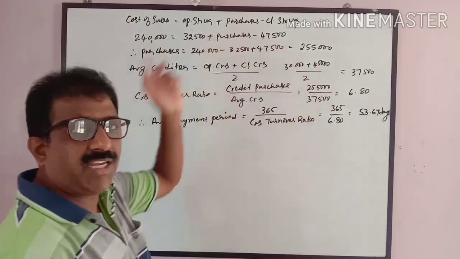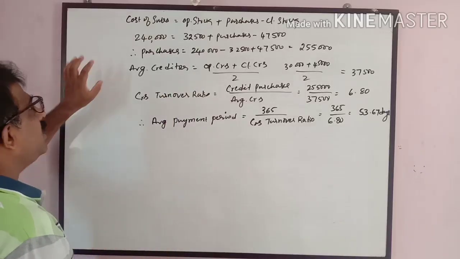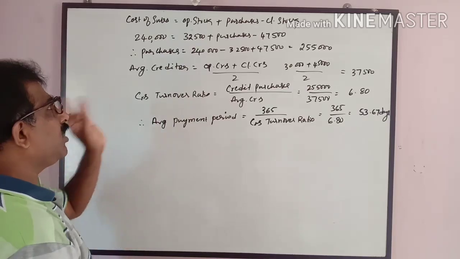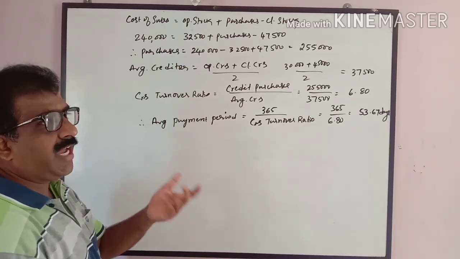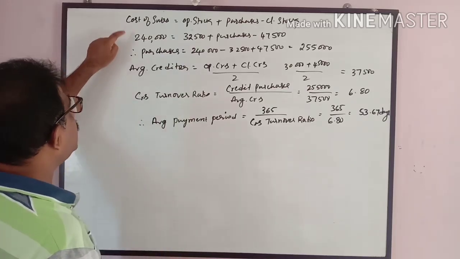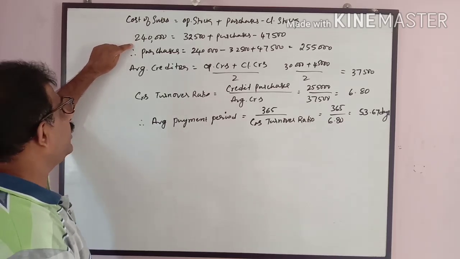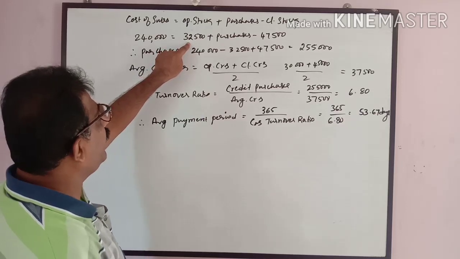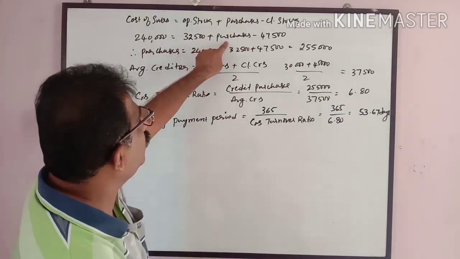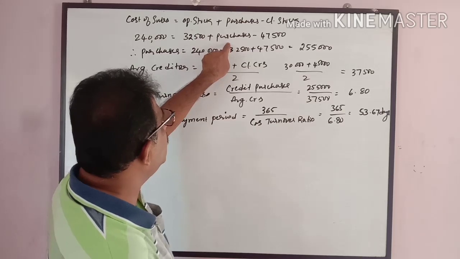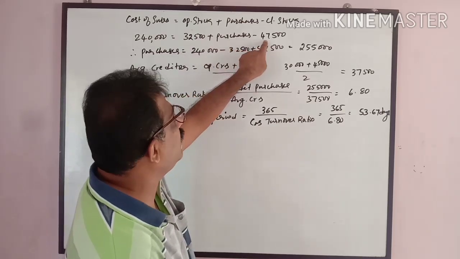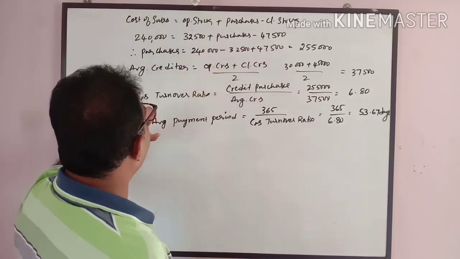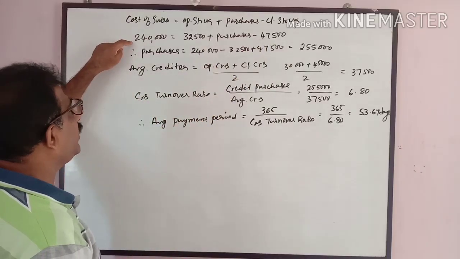I will apply the second formula to find the purchases because I know the opening stock, the closing stock, and the cost of sales. With the help of this I can calculate the purchases. Cost of sales, which we already calculated, is 2,40,000, equal to the opening stock 32,500 plus purchases, which we don't know, minus closing stock 47,500.